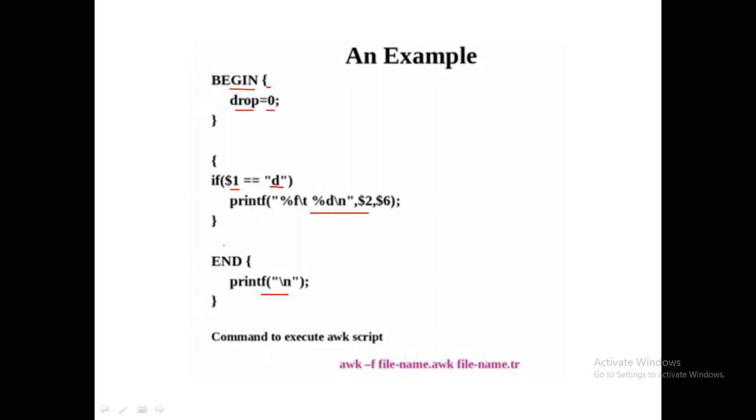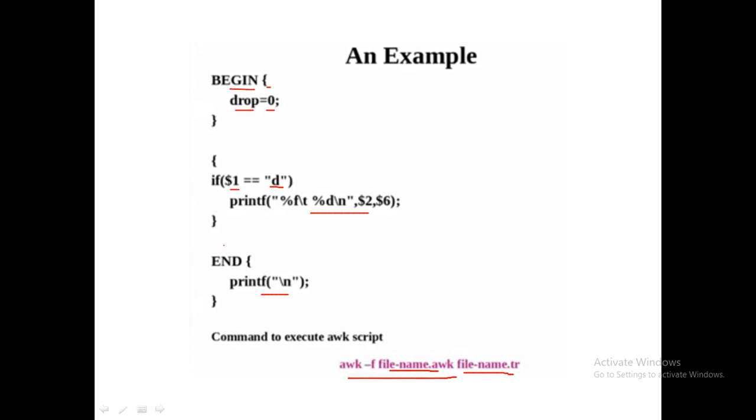So try to use the awk script. Once you have written the awk file, you are going to execute it. You know the command to execute an awk script: awk -f followed by the awk file name. Then what is the source file name?